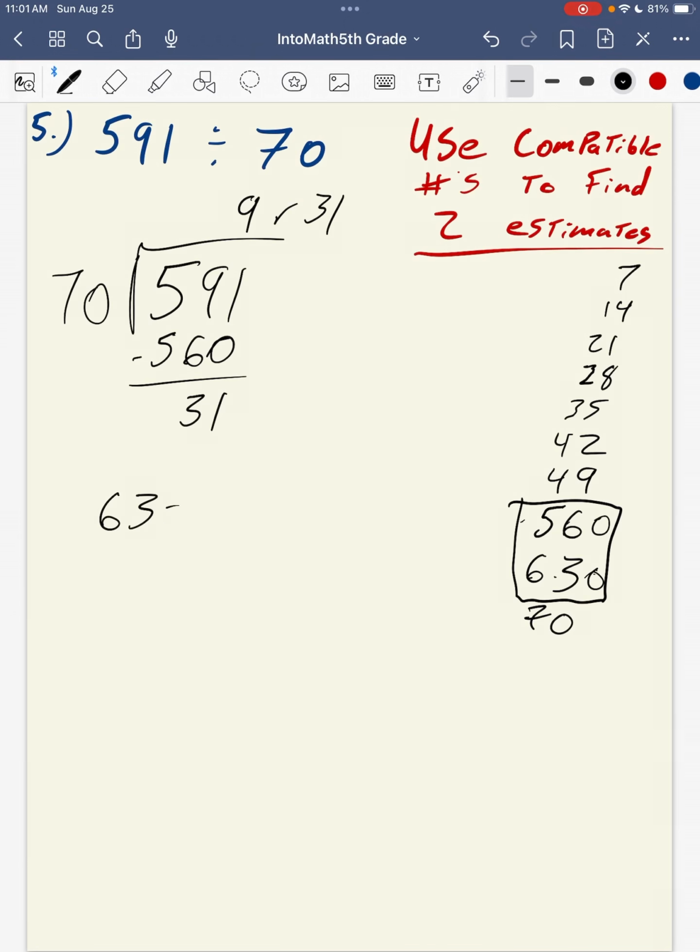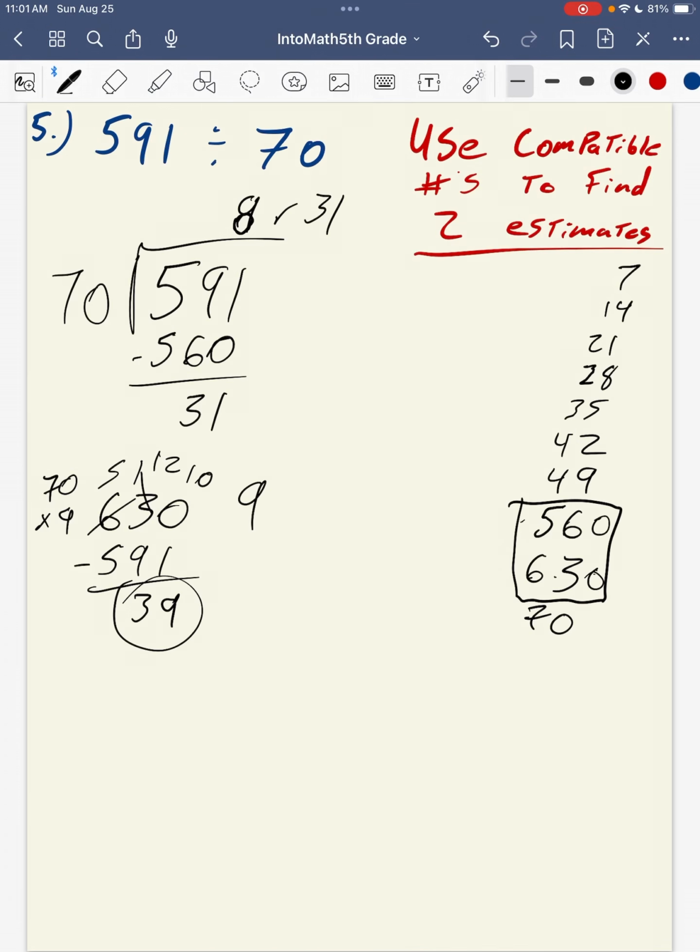Or if we do times 10, 70 times, or I should say 70 times 9, that is the 8th multiple up here. It's okay. Sometimes we make mistakes. The 8th and 9th multiple. The 9th multiple, 630 minus 591. Remember to regroup as I subtract. 12 minus 9 is 3. 39.